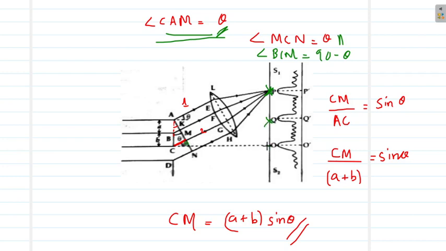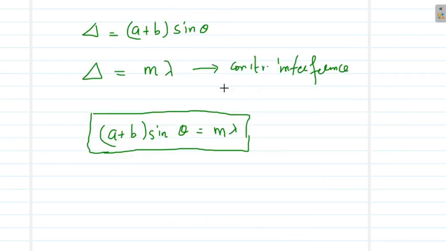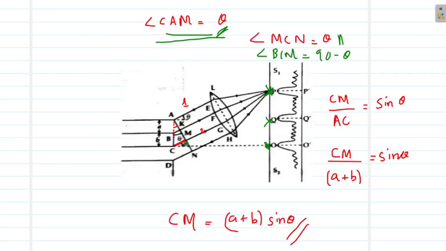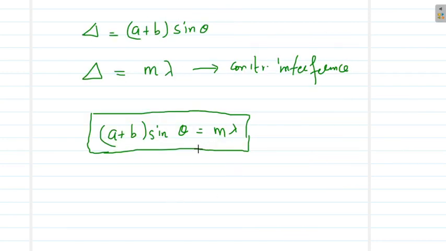If theta is equal to 0, then this condition will be satisfied, so the center point will be bright. After that, at certain angles where this condition is satisfied, we will have bright points. Now what are A and B? A is the width of the transparent region of the grating, and B is the width of the opaque region of the grating.